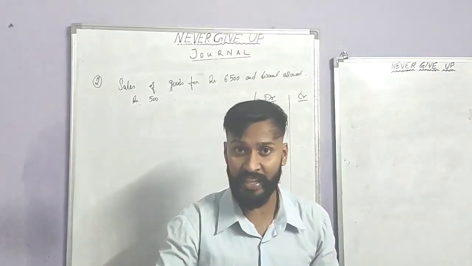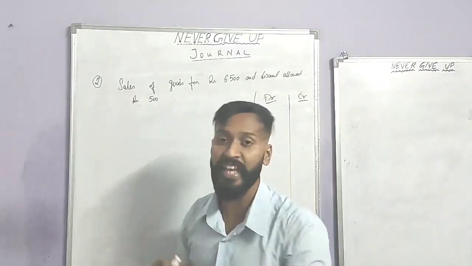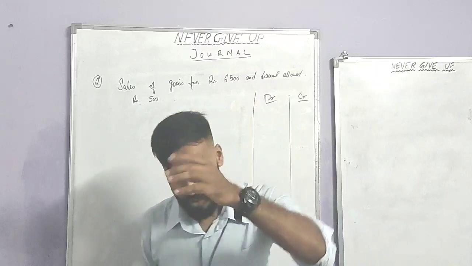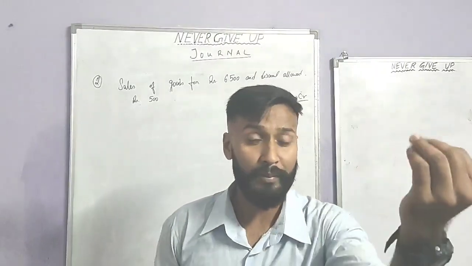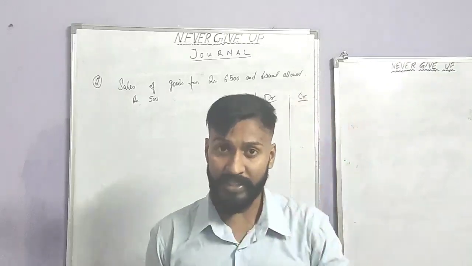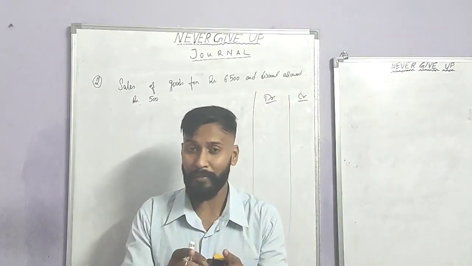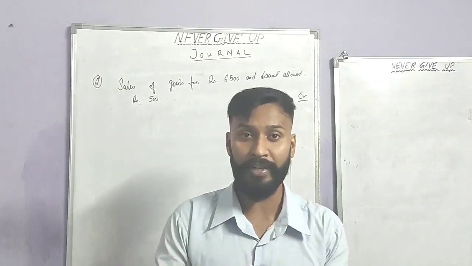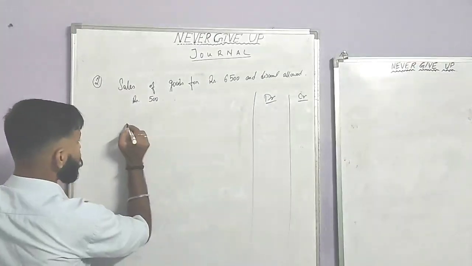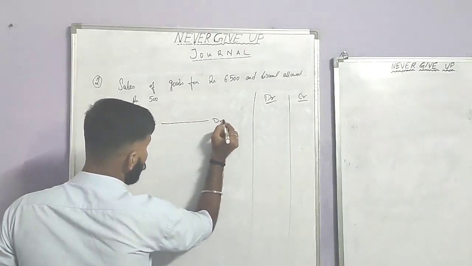If you purchase anything, cash will go out. In this transaction you have sold the goods, so cash is coming in the business. If cash comes inside, it is debit. So cash account debit.